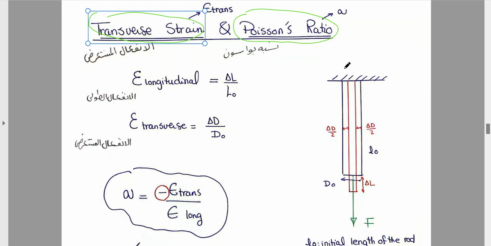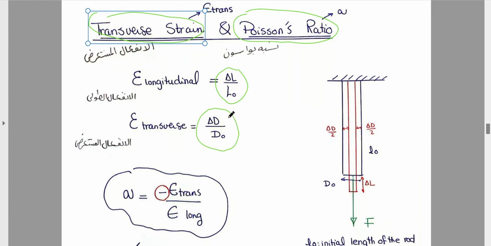We are talking about the length. What will happen to the diameter of the rod? So if we say that the longitudinal strain is delta L over L naught, we have a change and deformation that happens also in the diameter.